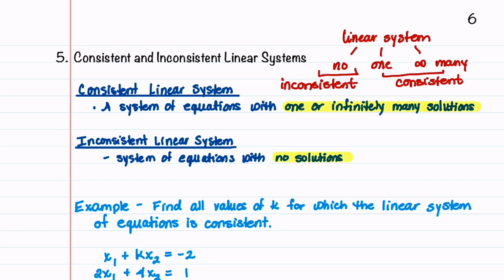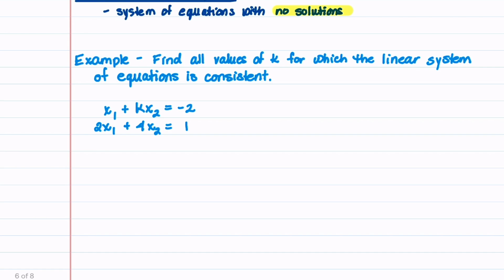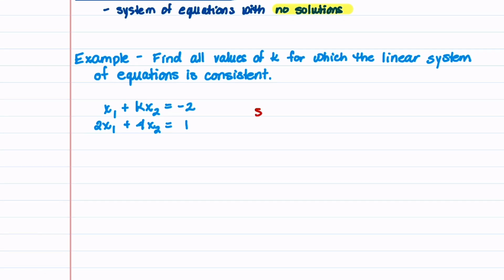Let's now complete an example where we need to find the values of a parameter k for which the linear system of equations is consistent. That's going to help us really understand these two definitions a little bit better. So the procedure of what we're going to do is we're going to take the system and put it in an augmented matrix.